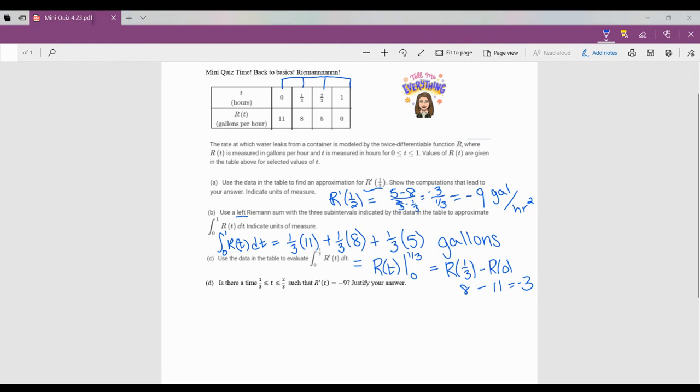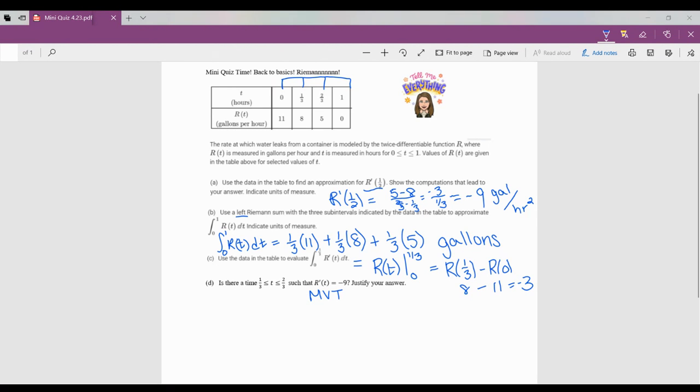All right, last one. Is there a time from 1/3 to 2/3 such that R prime is equal to -9? So here's the deal. When we see, is there something such that, we're thinking my theorems, because it's the derivative, it's going to be asking about my MVT.